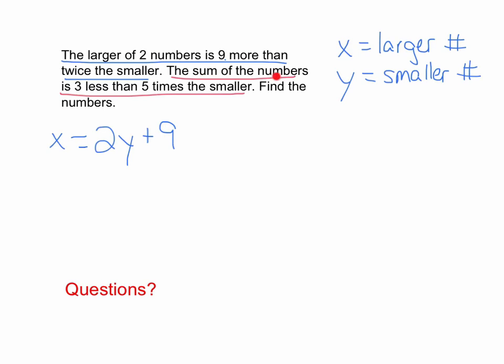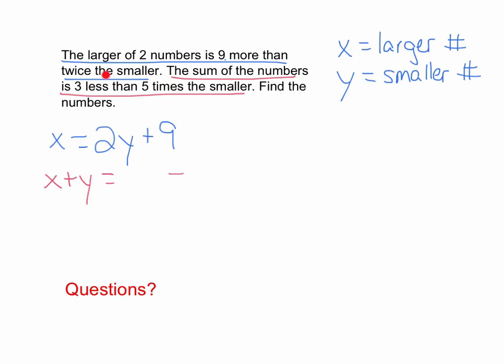Now, equation 2. It says the sum of the numbers. Well, how do I find the sum of x and y? I add x and y, right? The sum of the numbers is, that's going to be my equals. Now, be careful here. We haven't talked about this in a while. 3 less than 5 times the smaller. Well, we know less than is subtraction, but it's also a turnaround word.